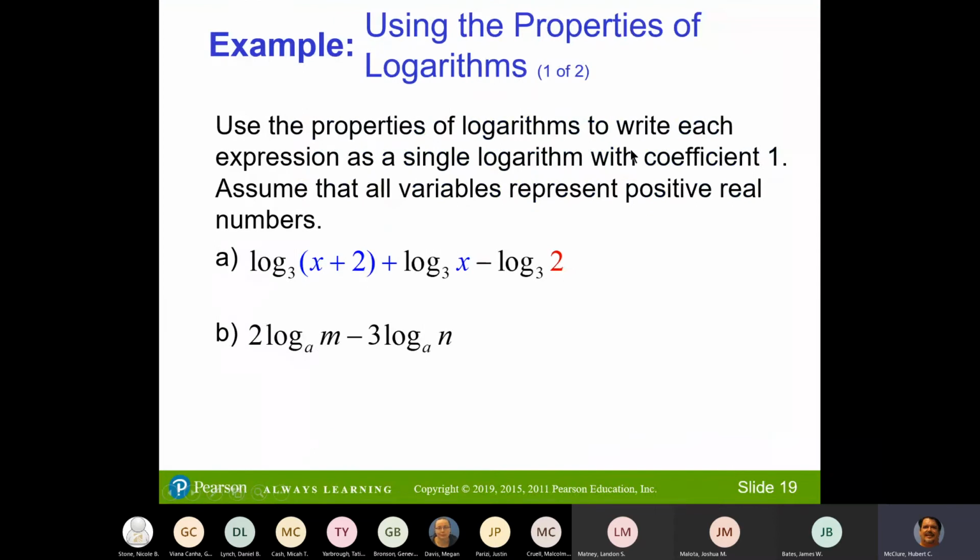Use the properties of logarithms to write each expression as a single logarithm. So now we're not expanding, we're going to condense or simplify. So write these two down.